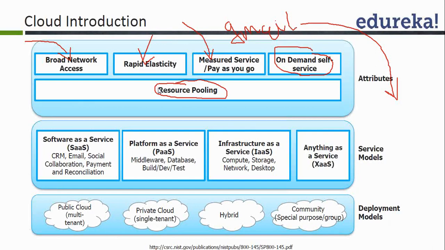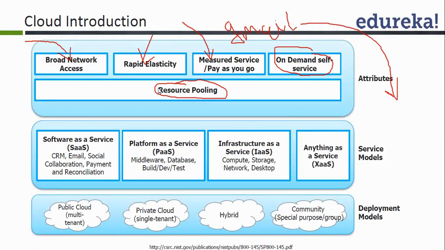Also, to give you a real life example, your electricity is a kind of cloud thing, right? You use it, you pay for that. Now I know some would say it's not available on demand, because Chennai and Delhi and everybody is having some kind of power trouble.